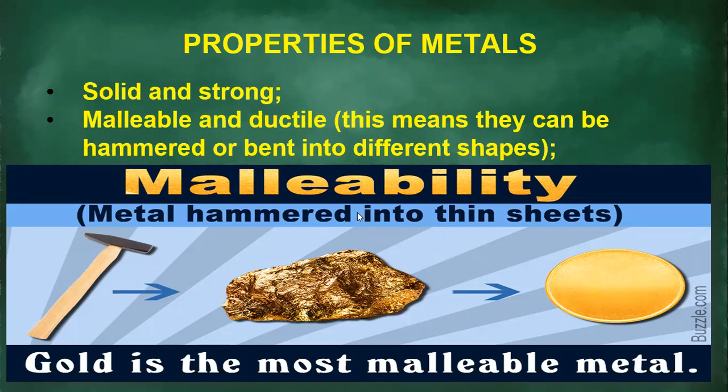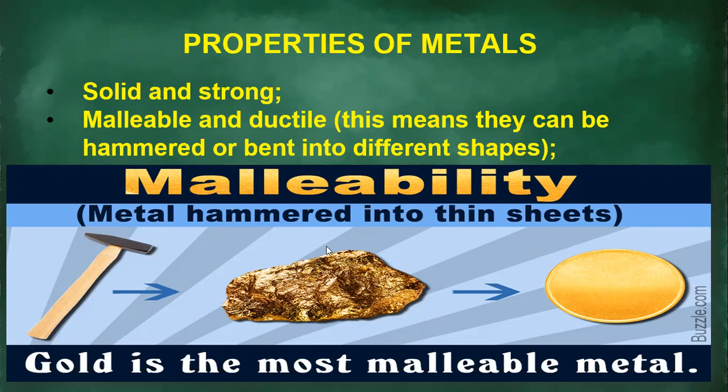All right, so let's talk about a few properties. Number one, the first property we talk about is malleability, okay? Malleability, remember, refers to whether the item or the metal can be beaten into a specific shape, okay? So that's what it means when a material is malleable.